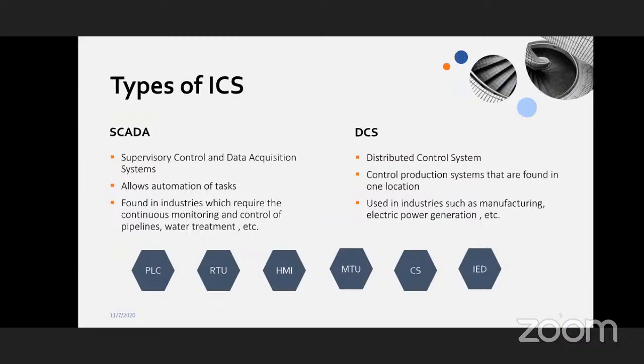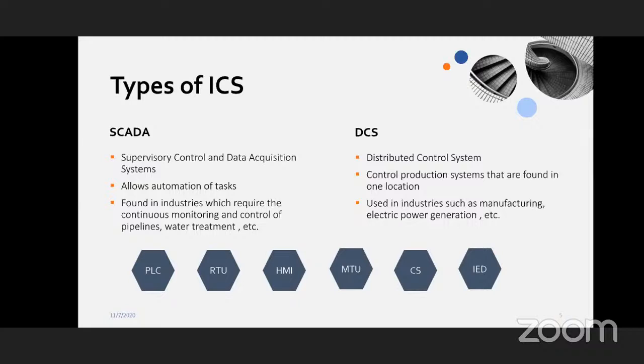ICS can come in various forms and types, the most common of which are SCADA and DCS. SCADA stands for Supervisory Control and Data Acquisition systems. SCADA systems are composed of devices, generally programmable logic controllers or other commercial hardware modules, that are distributed in various locations.